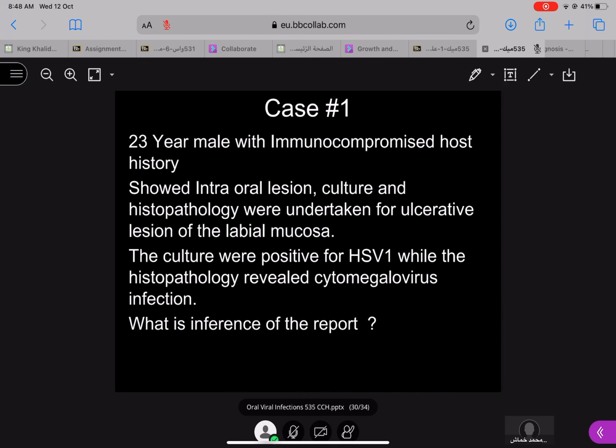There are some cases which can actually show you how you could see the infection like this one. A 23-year-old male with an uncompromised host history showed intraoral lesions. Culture and histopathology were undertaken for ulcerative lesions of the labial mucosa.